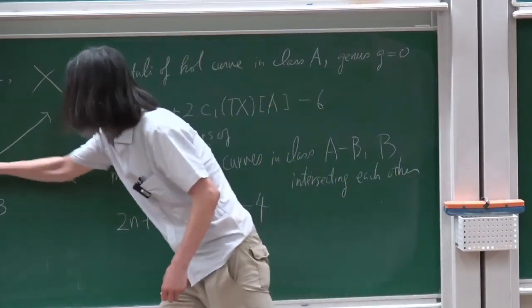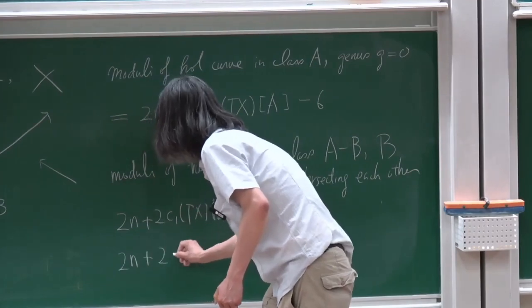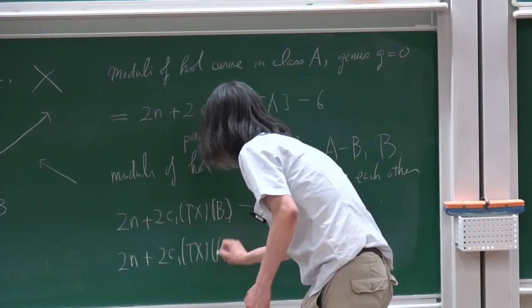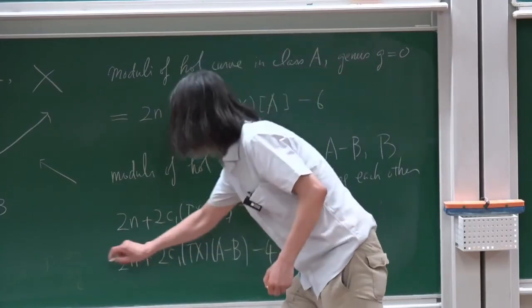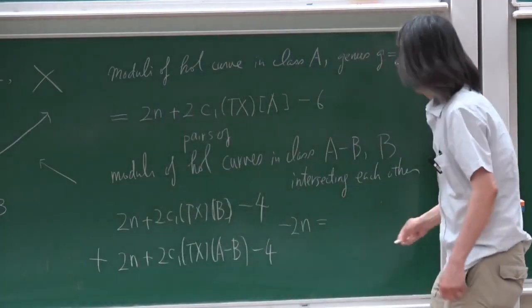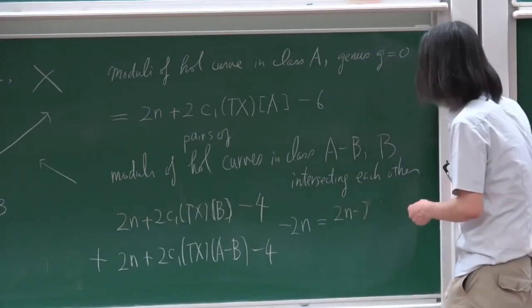So this one has a marked point. And then another one is 2n plus 2c1 of TX of A minus B, and minus 4. And I have to add them up, and then minus 2n. So therefore, this one is 2n minus 2.